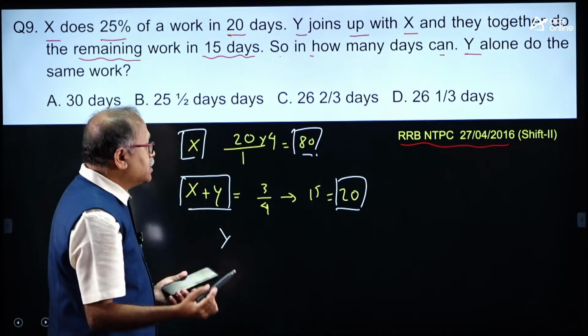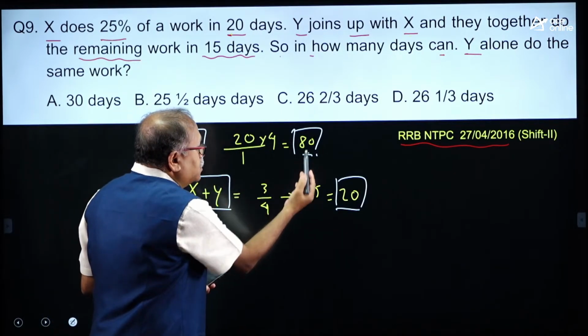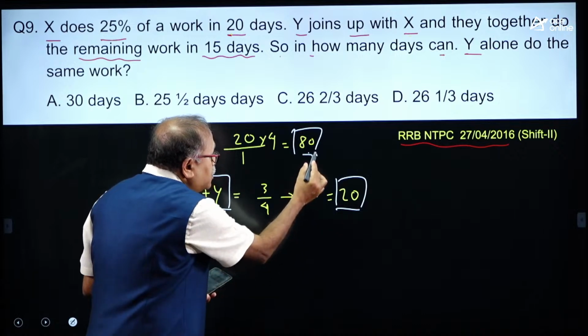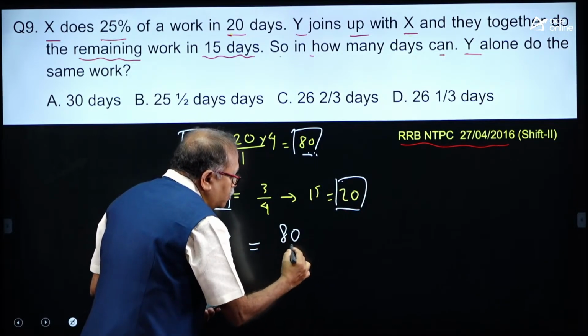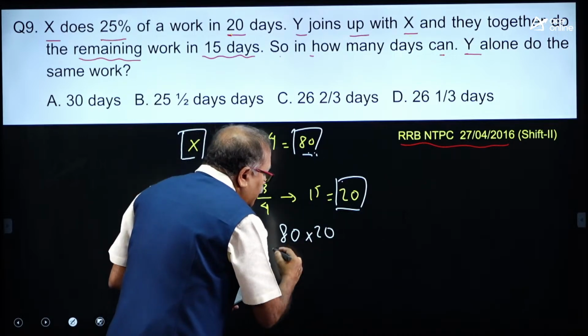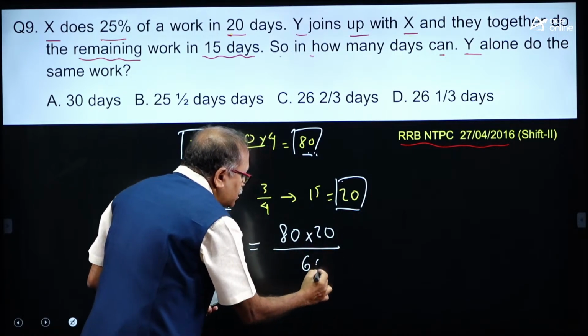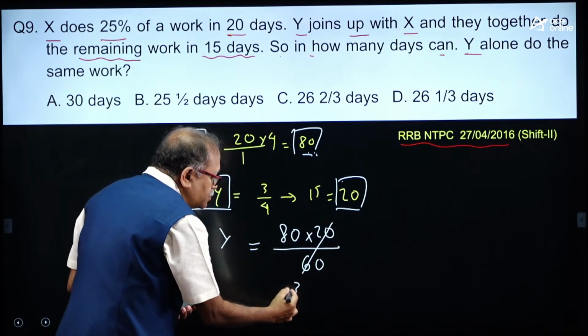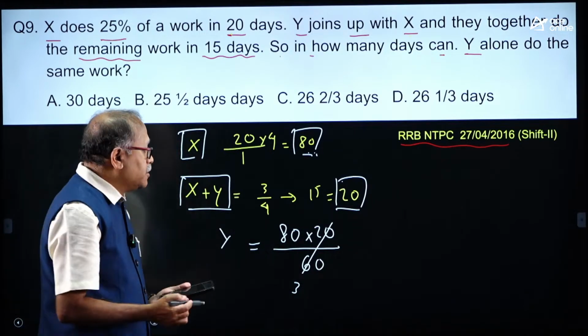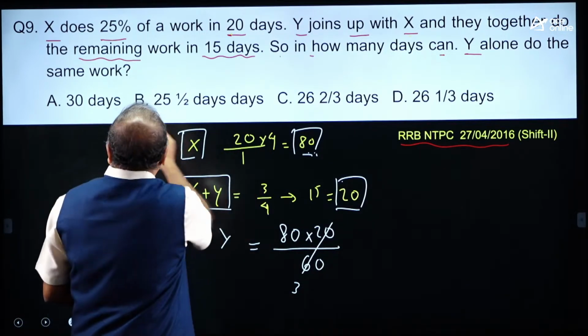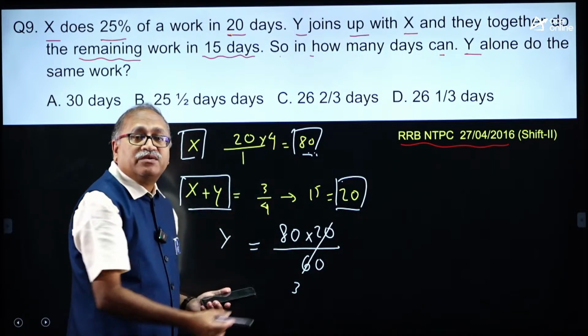Okay. Let me check this one. 80 into 20 by 80 minus 20, that is 60, and this comes 3 times, and that is nothing but 80 by 3. Since I do not have 80 by 3, let us divide it.